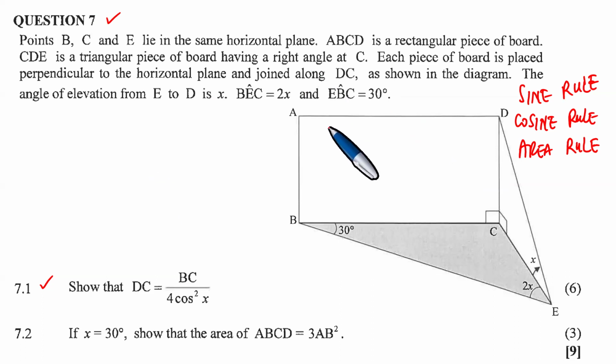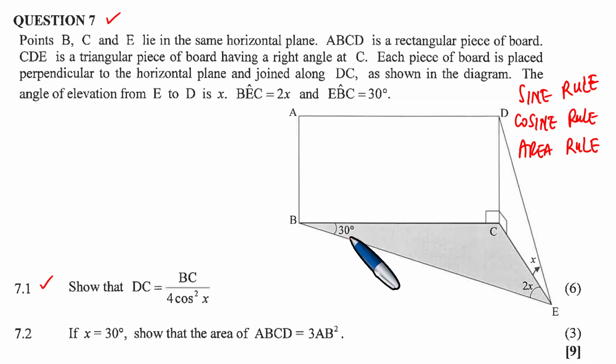The angle of elevation from E to D is X. BEC is 2X. And the angle EBC is 30 degrees.